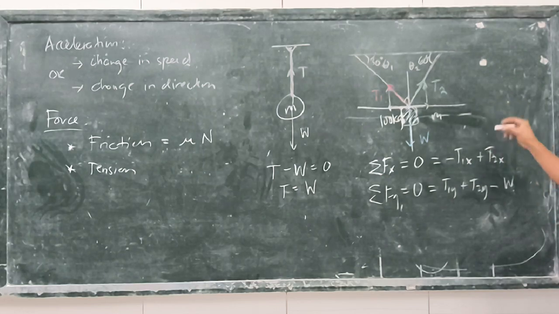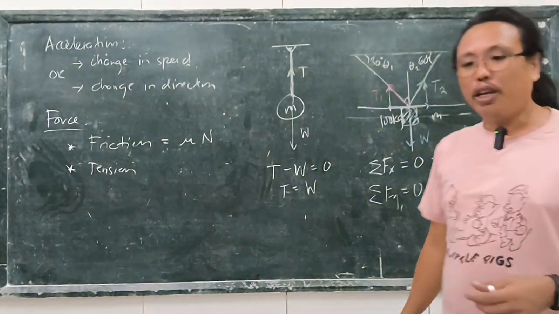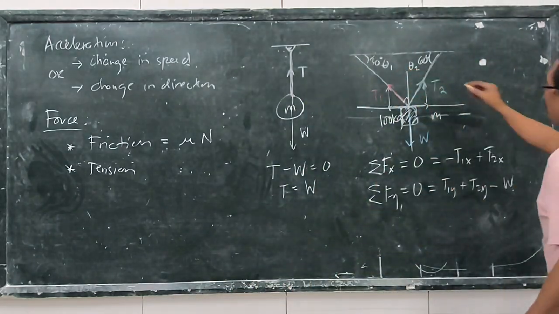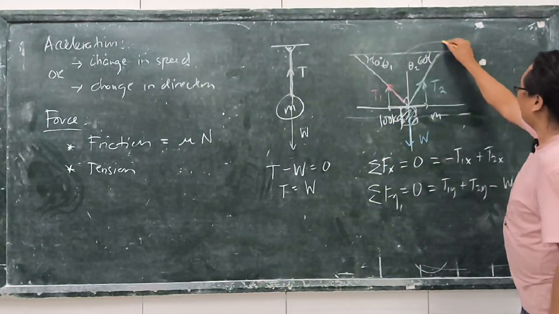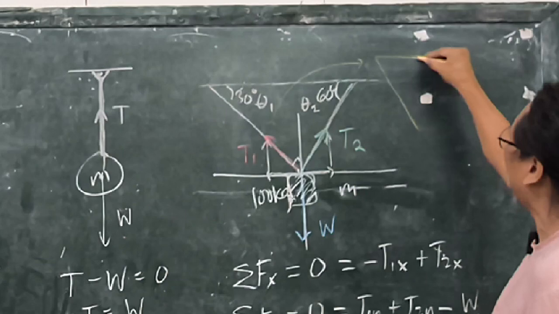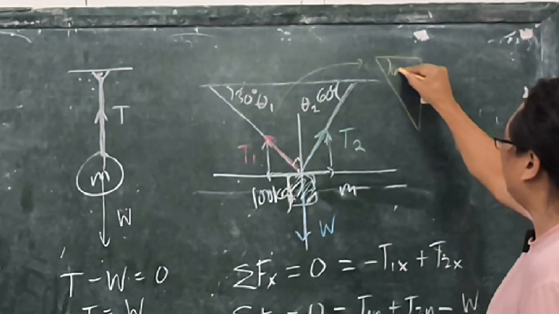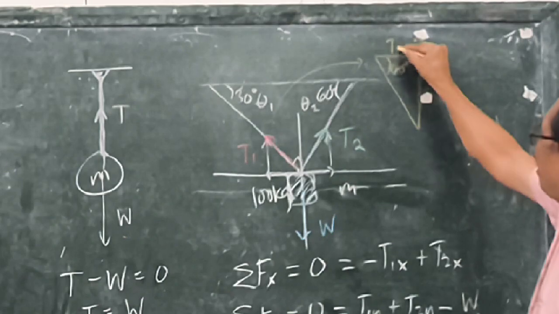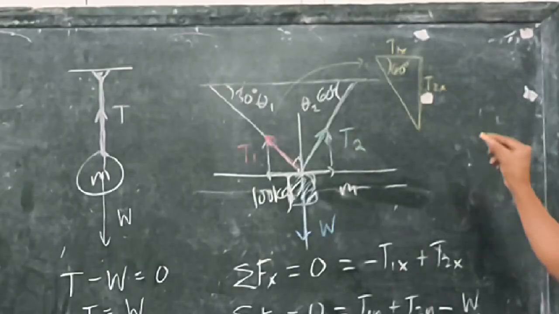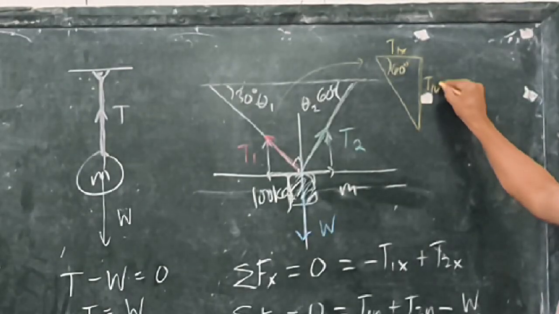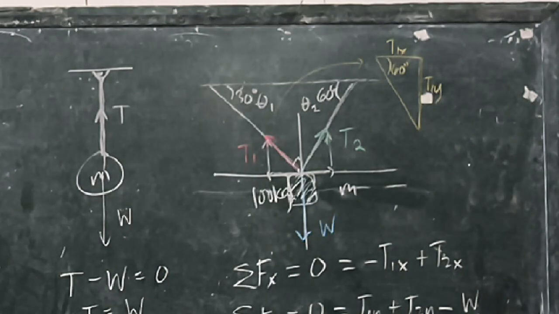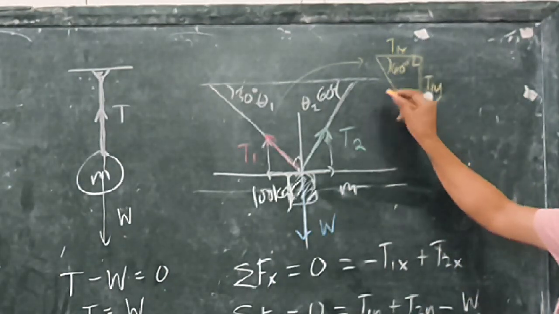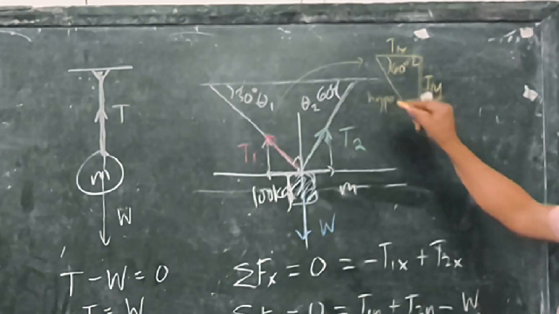How? Using a triangle. So here we have two triangles. The first triangle is this one. You have 60 degrees here, and you have T1x and T1y. This is the 90 degrees here. So this is the hypotenuse.